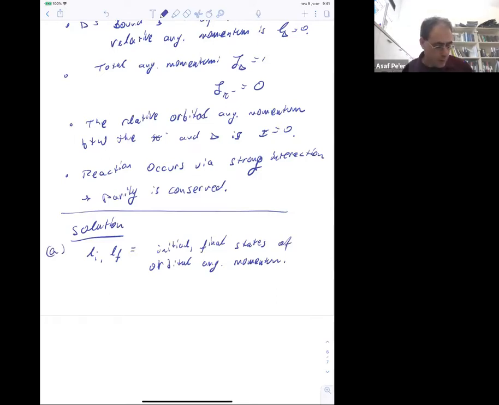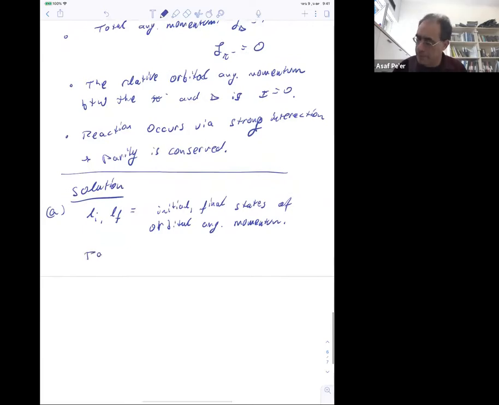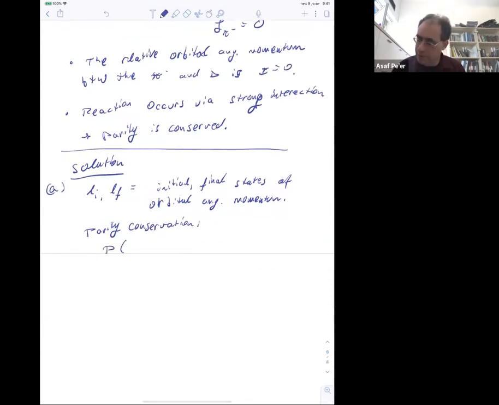Start with that. So we know parity is conserved. So the parity of the deuterium plus the pion is equal to the parity of the 2 neutrons.